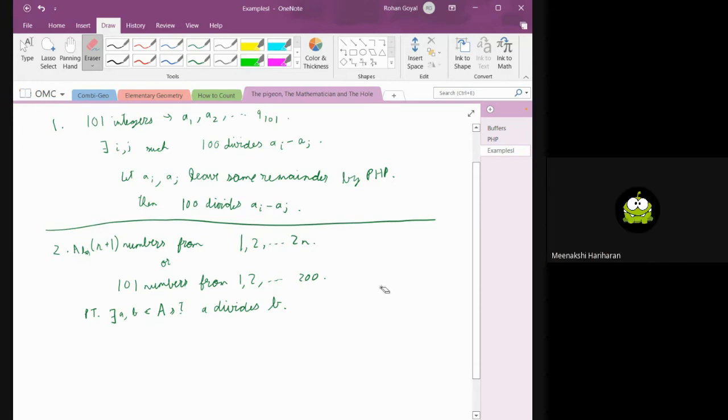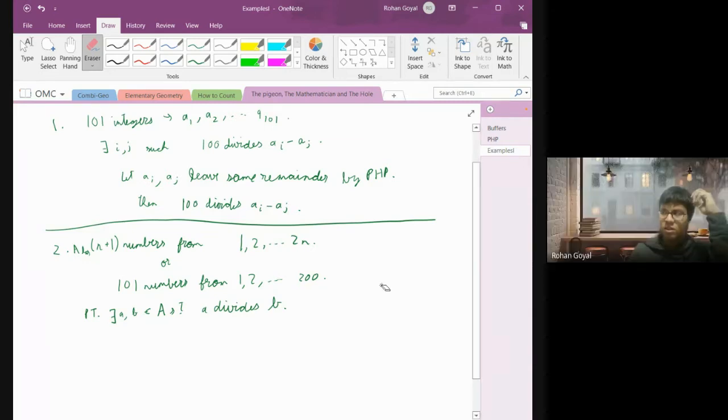Since there are n plus 1 numbers, which is more than half of the entire thing, there's definitely going to be one extra, so that at worst case at least one will be double of the other or half of the other, or vice versa. Try that.